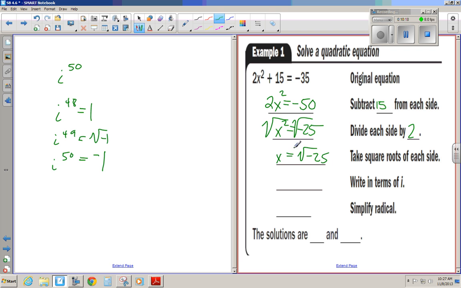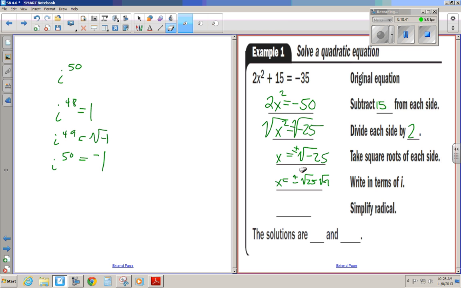Please make sure when you introduce a square root, you add the plus or minus. And now you write this in terms of i. So I'm going to go ahead and say that x equals plus or minus the square root of 25 times the square root of negative 1.